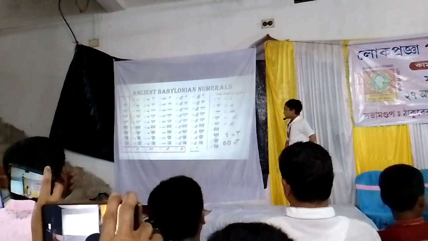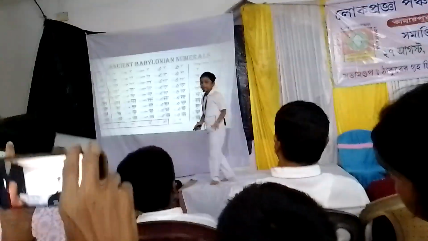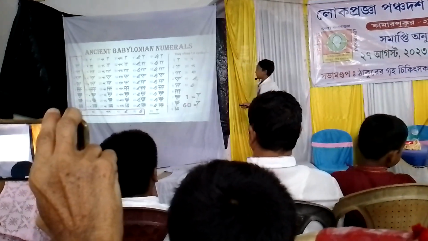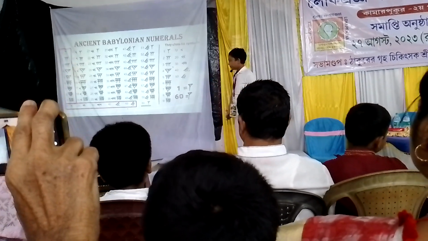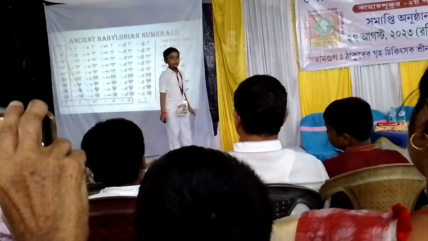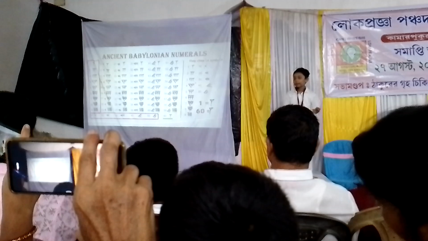They chose 14 symbols, and using those 14 symbols, they created a number system. The first 9 for 1 through 9, and the last 5 for the first 5 multiples of 10, or 10, 20, 30, 40, and 50.